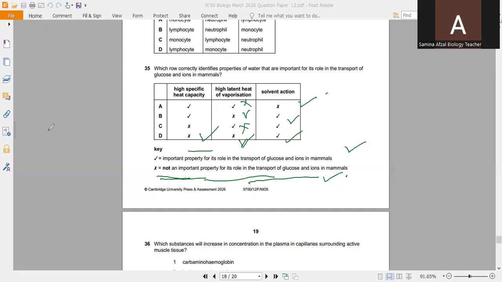So D is the correct option, and not A, B, and C, because high specific heat capacity and high latent heat of vaporization are not important properties for its role in the transport of glucose and ions in mammals. Only solvent action is the important property. So D is the correct option.